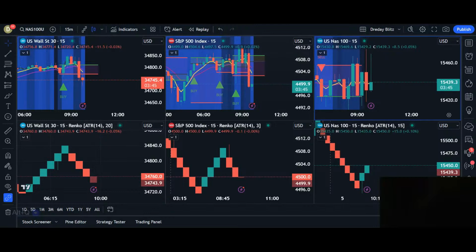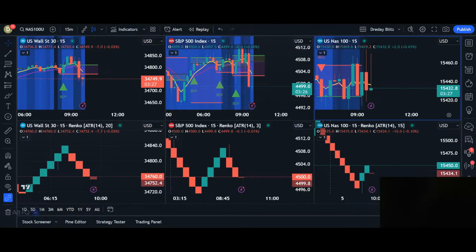Now on the Nasdaq, it's still consolidating, and it seems to go a little bit down right now.